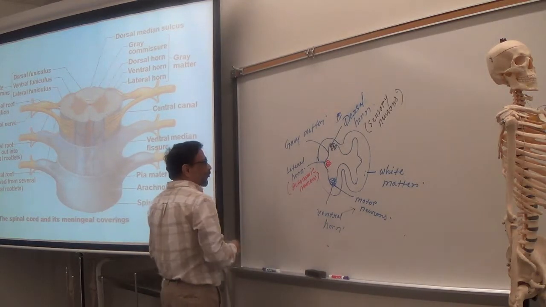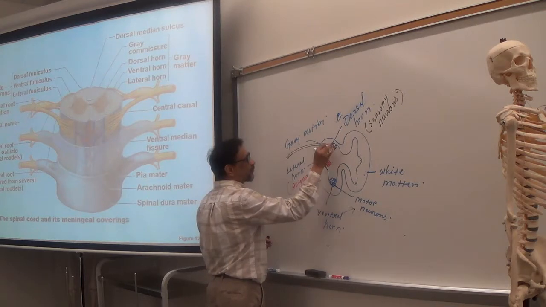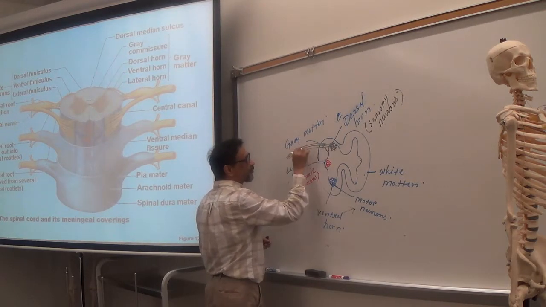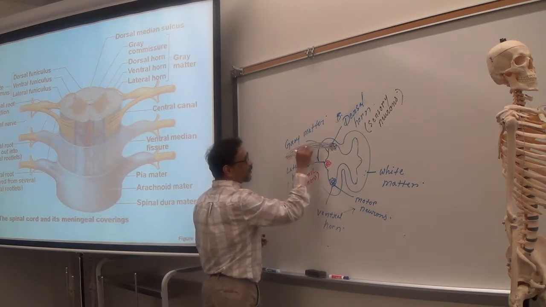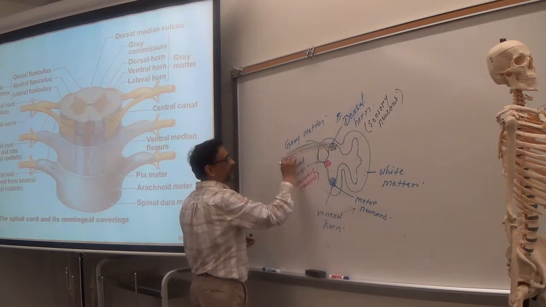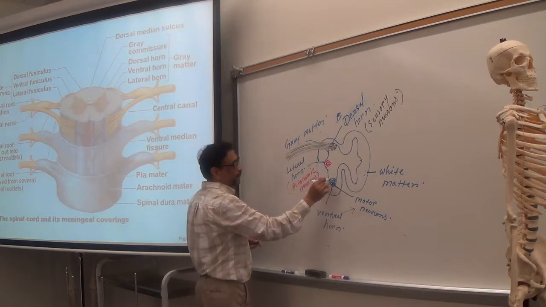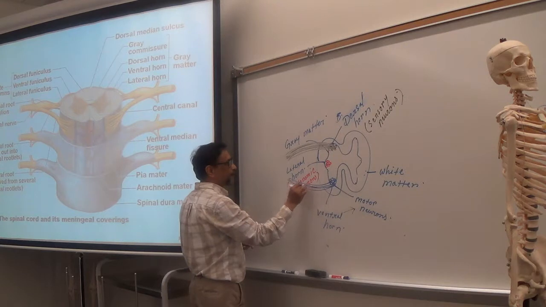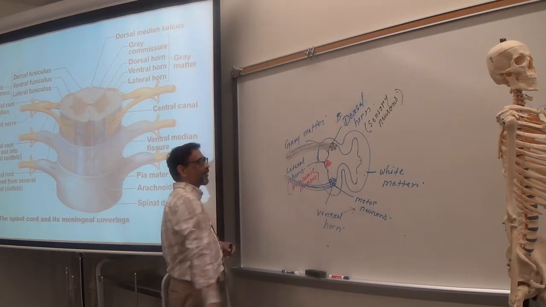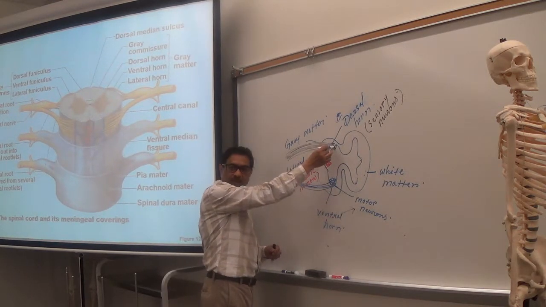Now, these are the axons. Signal travels through these fibers or axons. Now, you tell me, these are sensory neurons, right?